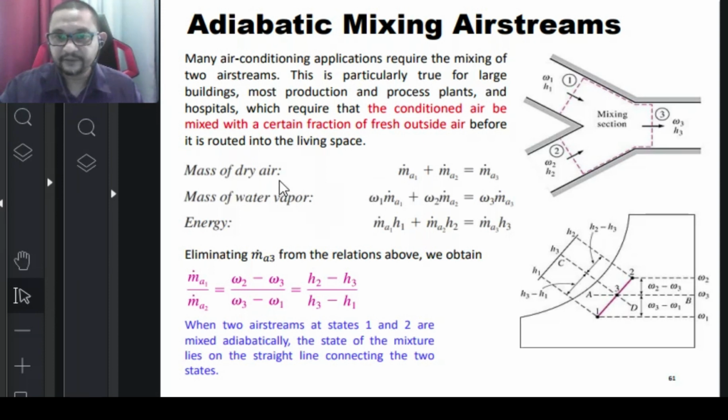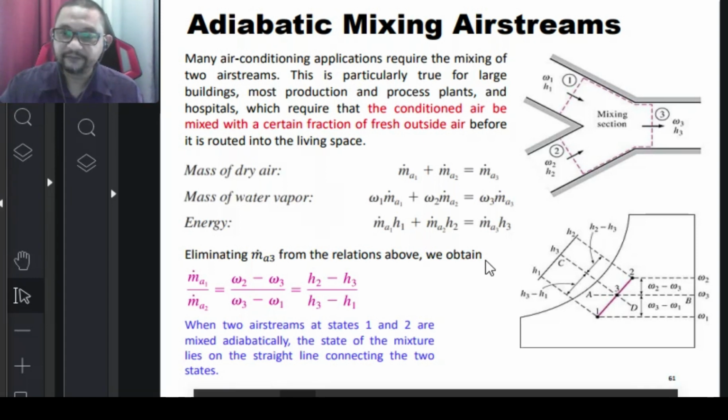Because this is steady flow, the mass of dry air in equals out, and the mass of water vapor in equals out, where in is 1 and 2, and out is 3. The energy in equals the energy out too.